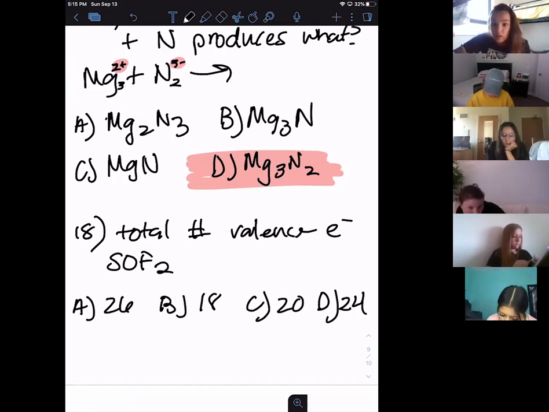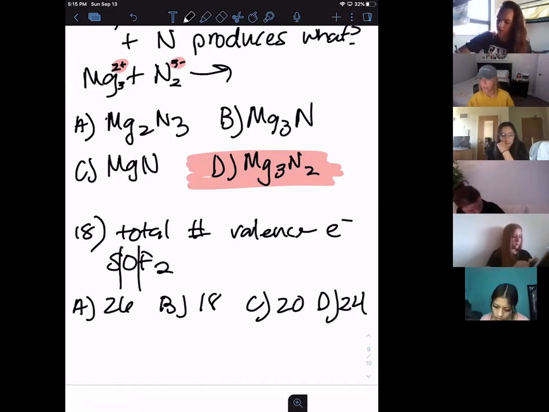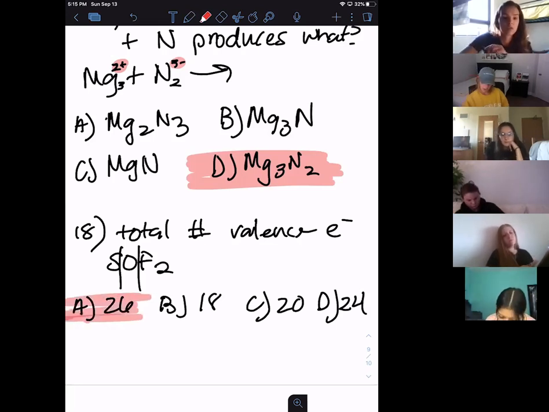So what you need to do is split them up. That's 3 different atoms. We told you what valence electrons are, so how do I figure this out? What would be the answer? 26. Did anyone not find 26?